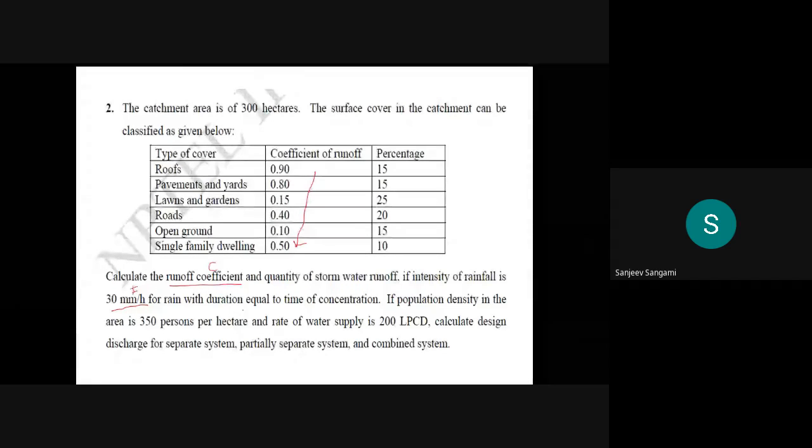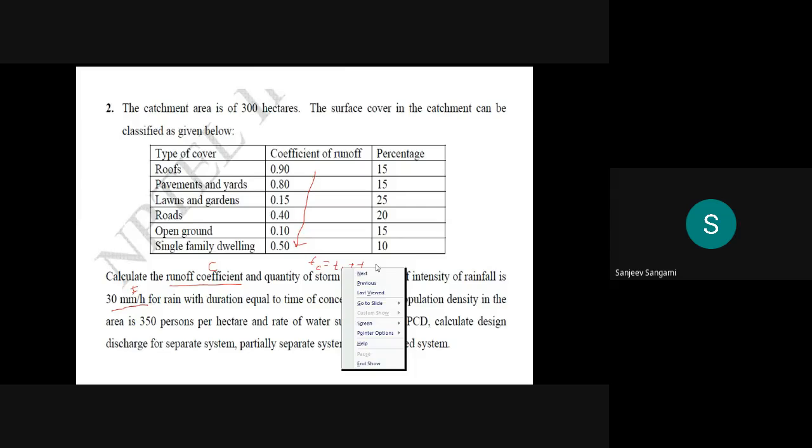We already know that the time of concentration, TC, is equal to TE plus TF, meaning time of entry plus time of flow.